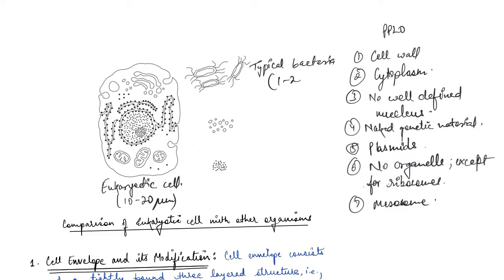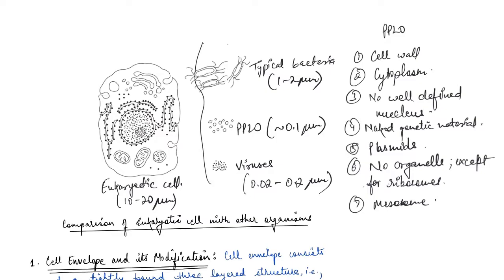This is hardly 1 to 2 micrometer. This is PPLO, which is almost about 0.1 micrometer. These are viruses, even smaller, in the range of 0.02 to 0.2 micrometer. So you will see the difference between eukaryotic cells and all these prokaryotic cells, right?